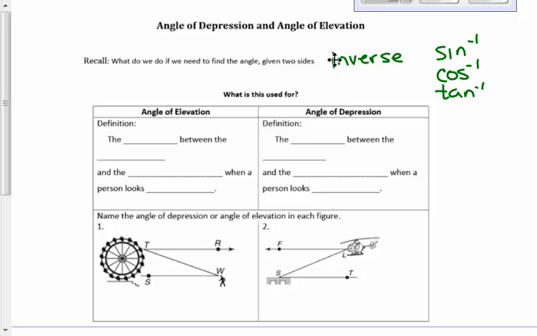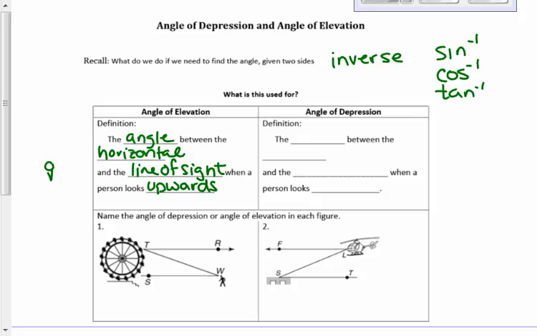A lot of the time you're going to hear angle of elevation or angle of depression. Angle of elevation is the angle between the horizontal and the line of sight when a person looks upwards. So elevation, you're looking up.